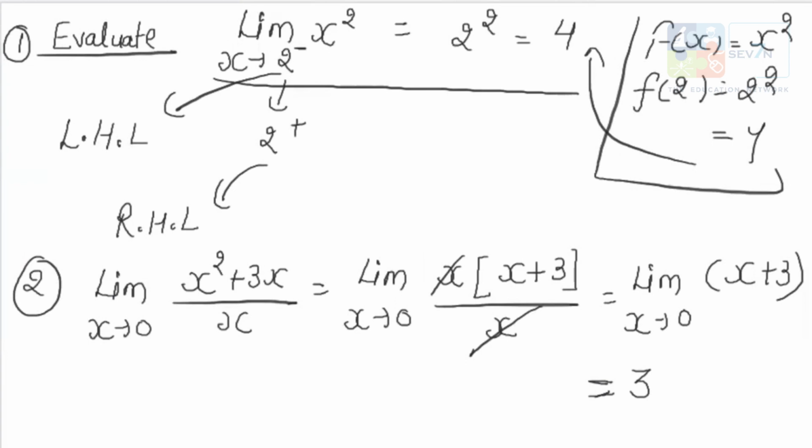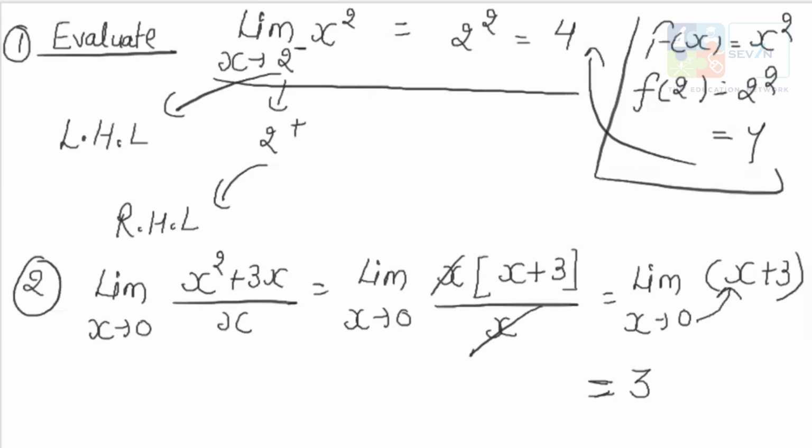No, then it will be x equal to negative 3. No, till now I'm not finding the left hand limit or right hand limit. Yeah, sorry, you substituted the value. Got it. You just need to put this 0 instead of x. So 0 plus 3 is 3 only, right? So no need to put 0 negative and positive. As I've already informed you, till now there is no use of negative and positive terms. There is no use of left hand limit and right hand limit, because in this question, the question is evaluate.